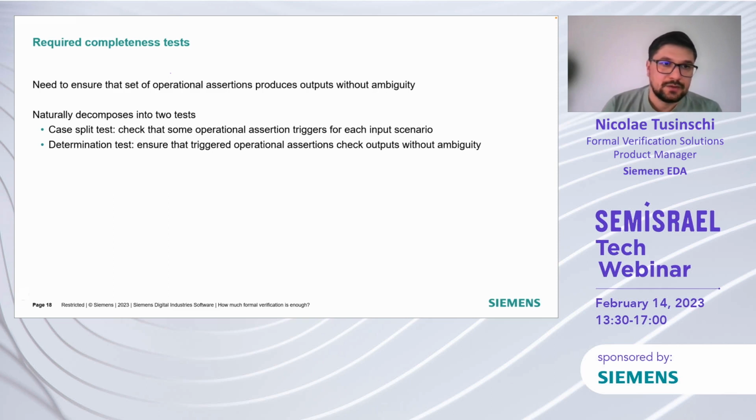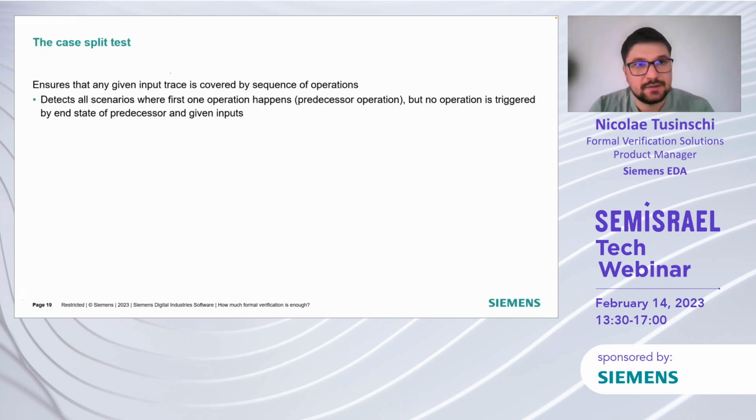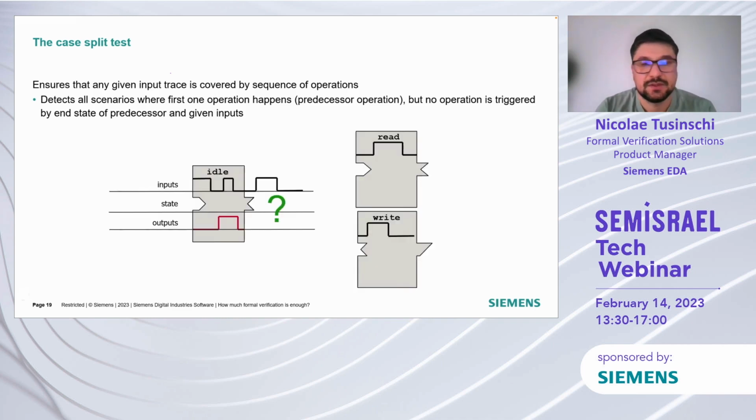Looking closer at the case split test, this ensures that any given input trace is covered by a sequence of operations, and also detects all scenarios where first one operation happens, as you can see in this graph. So the predecessor operation is idle in our case, but there is no operation triggered by the end state of the predecessor and given inputs.